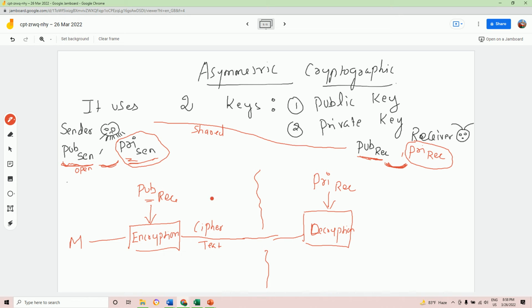You should not mix them. If you are using the public key of the receiver, you should not try to decrypt using the private key of the sender. And also, when you are using the public key for the encryption, then you should use the private key for decryption.